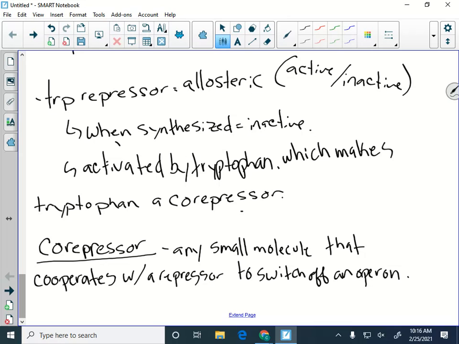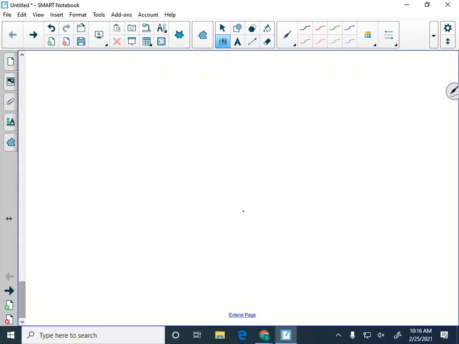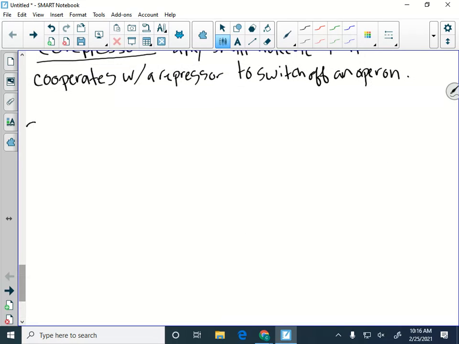So, I think we have just enough time to draw this out. So, we've got a sequence of DNA. We have a promoter. And what we are going to call trpR.